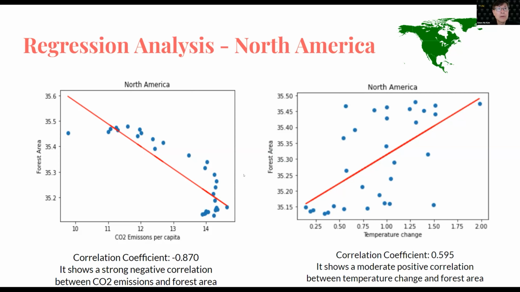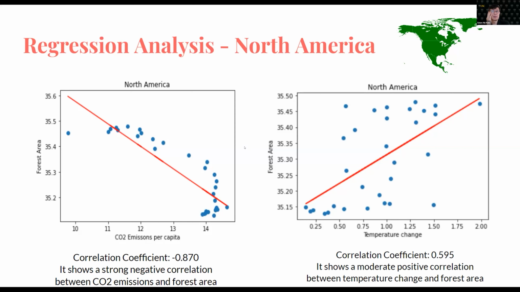But the forest area, yeah, we can plant some trees and then we can cut some trees. So when you have forest area on the x-axis, what do you think the shape looks like? It's a little bit confusing, yeah.